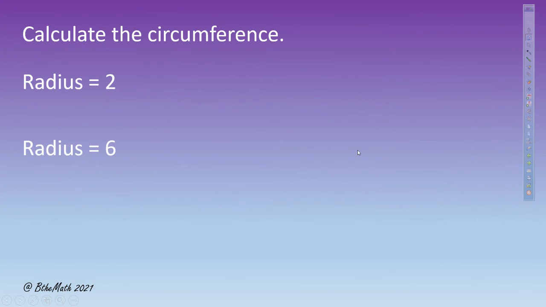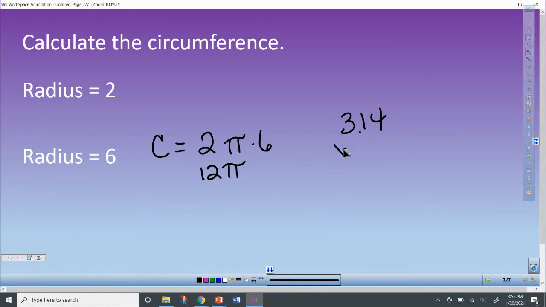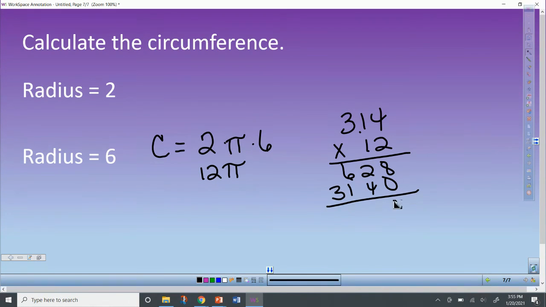At a radius of 6, 2 times pi times 6, which would be 12 times pi. So we get 37.68.